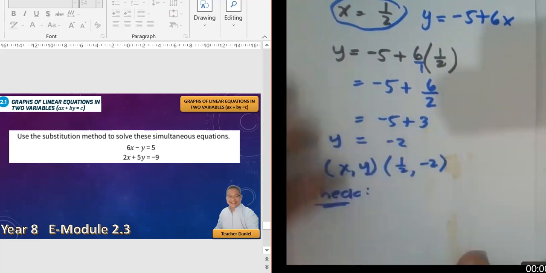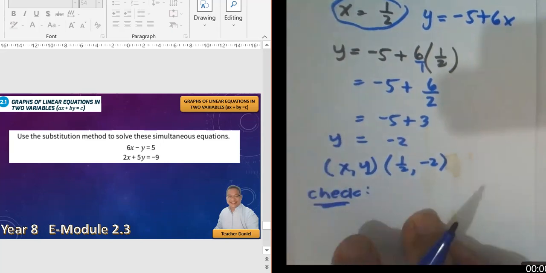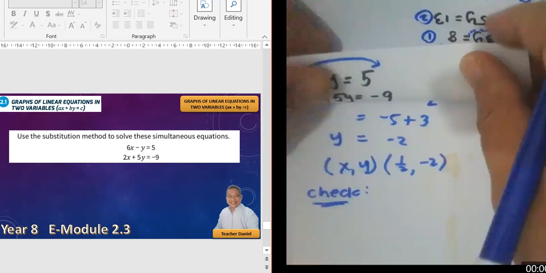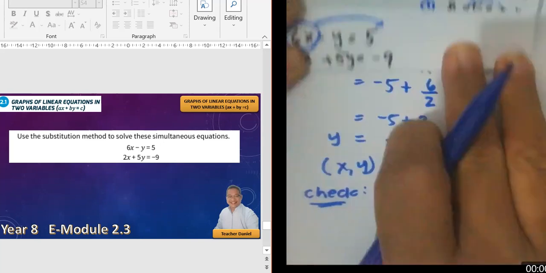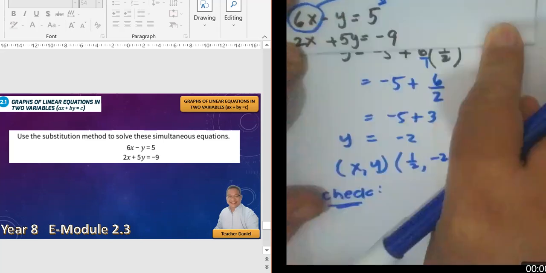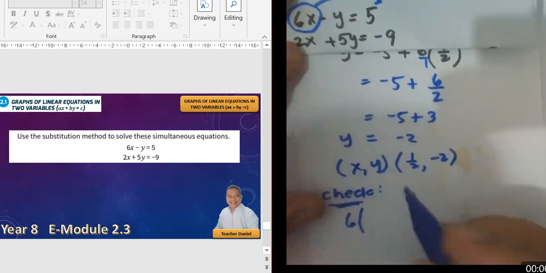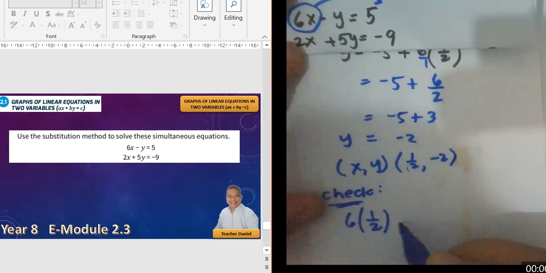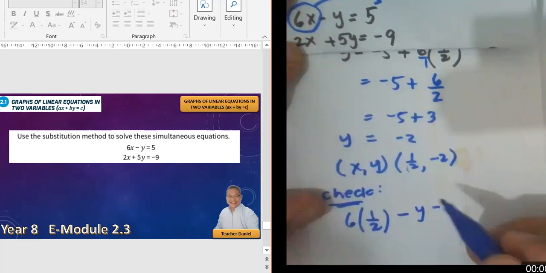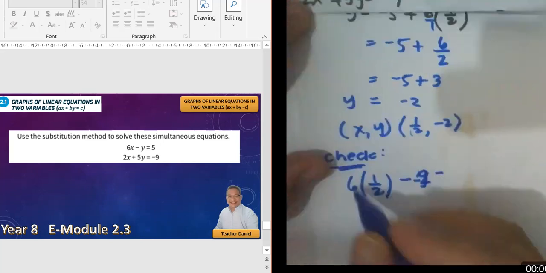How shall we check? We can check into our equation. So let's check from here because this one was our equation. It says 6x minus y is equal to 5. So we will check 6x, where x is 1/2, minus y. So the y is -2. I will just rewrite that one again.